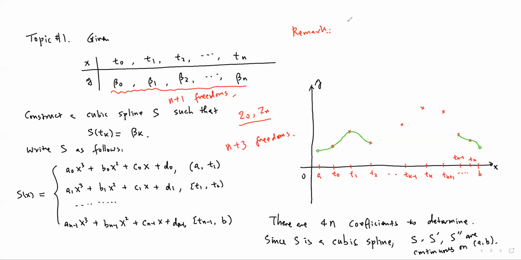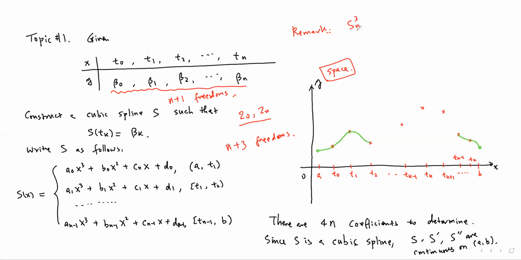So therefore, S n 3, the set of all cubic spline functions, is actually a space. There are some conditions for a set to be a space, but this set satisfies those conditions.